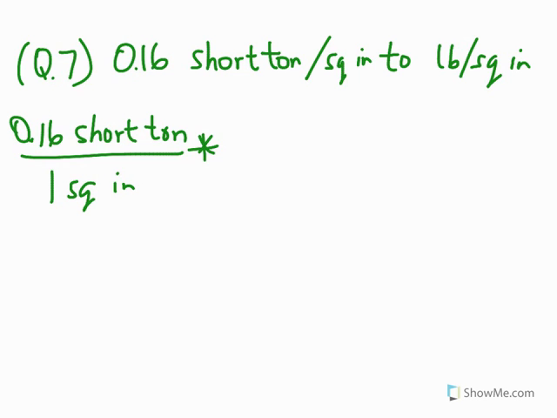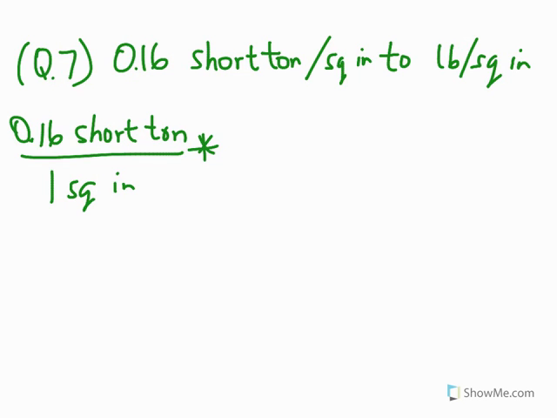In other problems we've been doing, we didn't have to change the units of the numerator. But in this case, yes, short ton to pound. So, like I said before, whatever you want to change, that is what you use. If you don't want to change anything, leave it. So, square inch, we will not change it. But short ton, we're going to change it to pound.